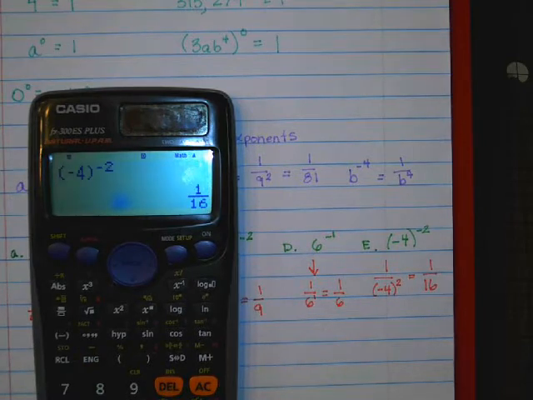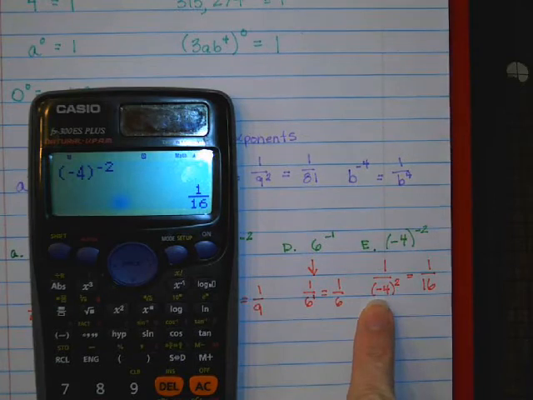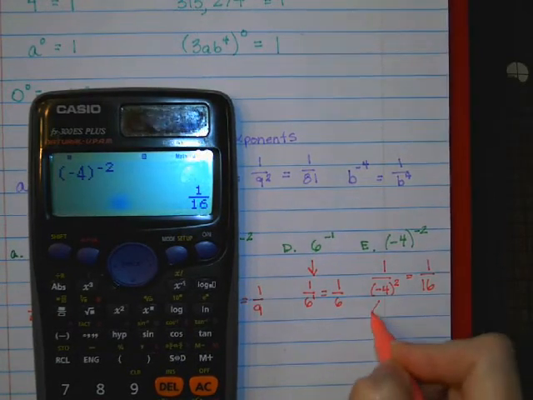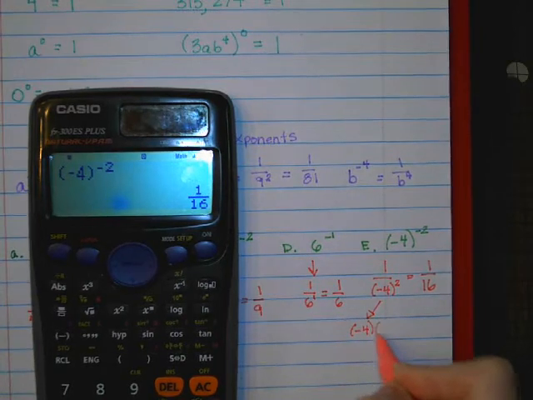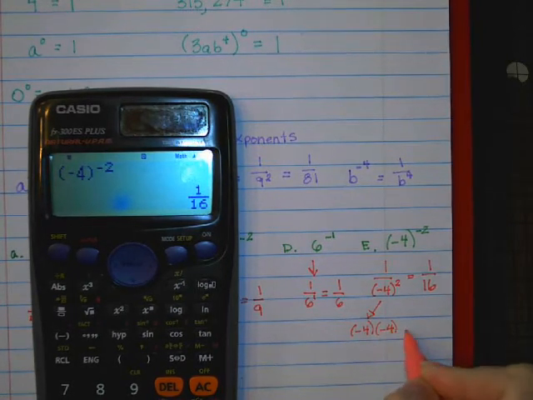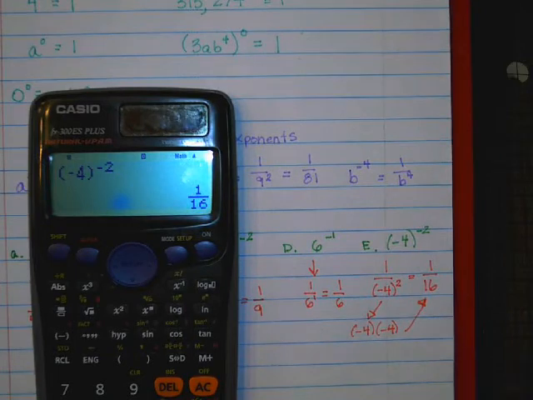The reason is, when it comes down to this stage where you have this -4 being squared, if it is written like this, it literally means take -4 and multiply it by -4. And that produces a positive 16.